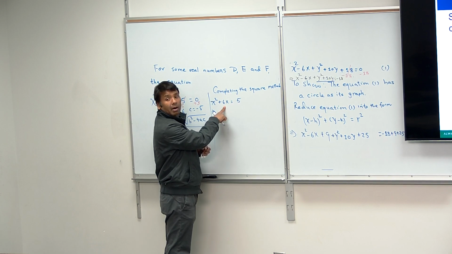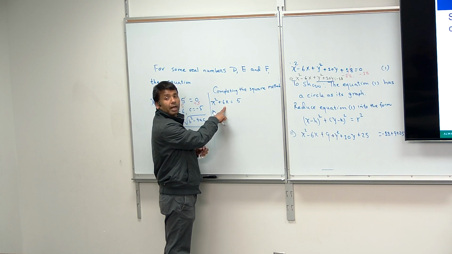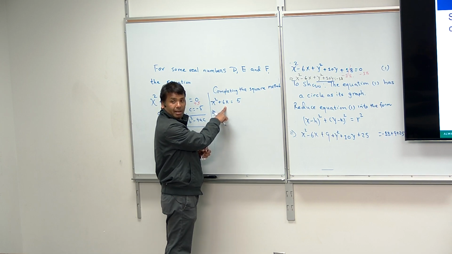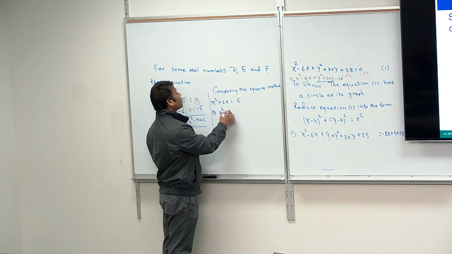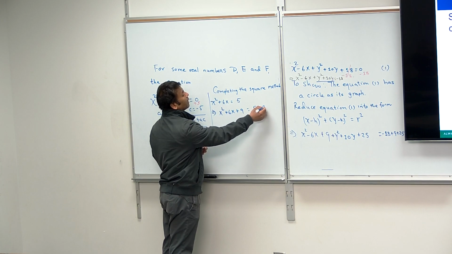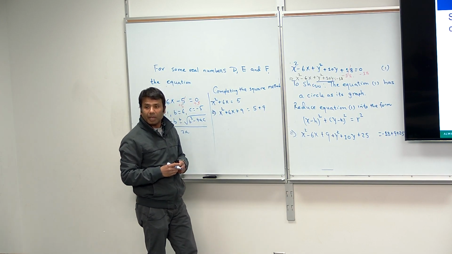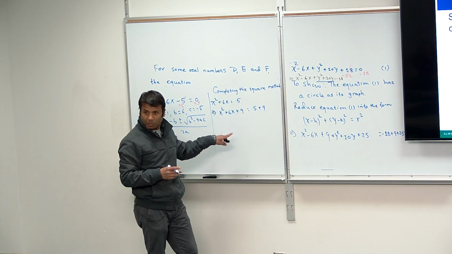Find half of that. What is half of 6? 3. Then you square that. That will give you 9, right? And you add 9 on both sides. That makes sense? Then you have x squared plus 6x plus 9 equal to 5 plus 9. Are you with me? We did this, you know.